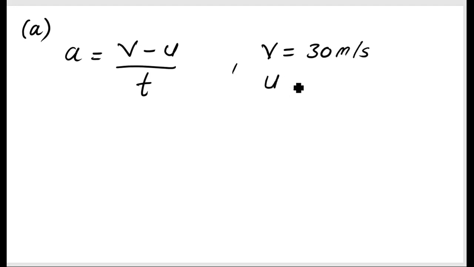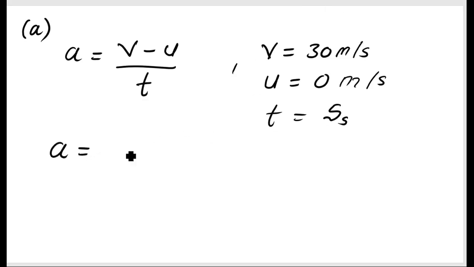Initial velocity is equal to 0 meters per second, and the time taken is 5 seconds. So it's just a matter of plugging these values into our formula. So acceleration in the first 5 seconds is therefore going to be final velocity 30 minus initial velocity 0 over the time taken was 5.